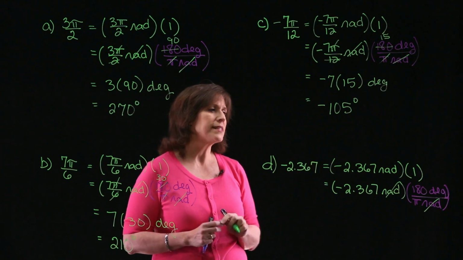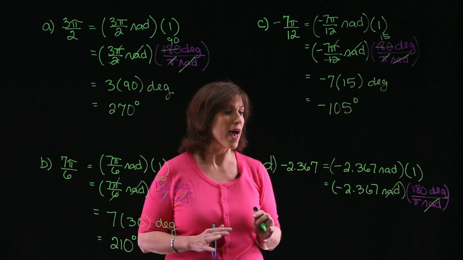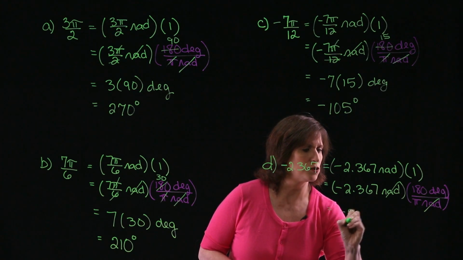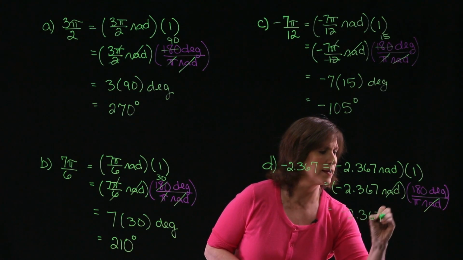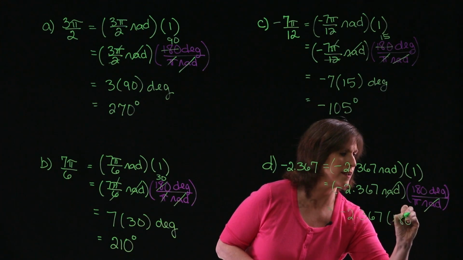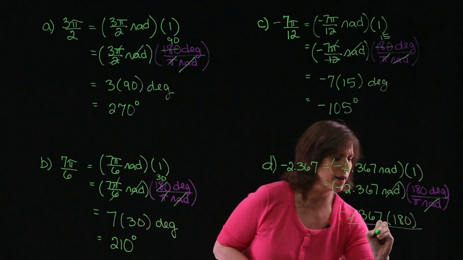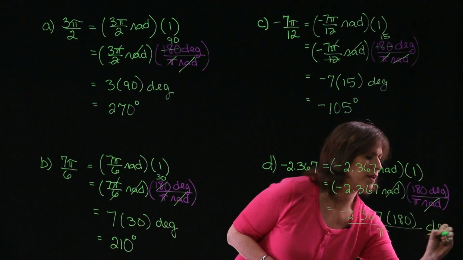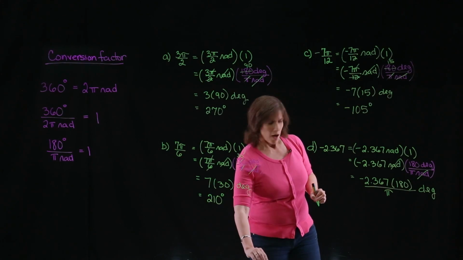Right? Notice this time there's no pi to cancel. That's okay. What I'm going to end up with then is negative 2.367 times 180 divided by pi, and I'm still working in degrees.